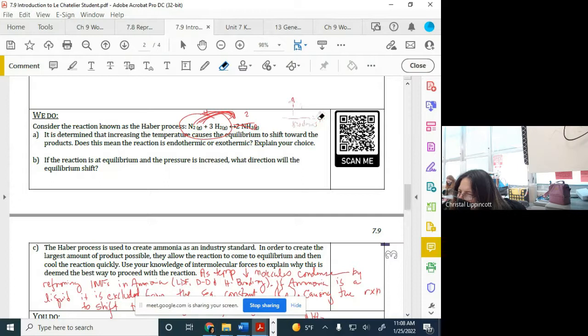I think I get it. So when temperature goes down rapidly. Yep. So they rapidly cooled the thing. When they rapidly cooled it, then this became a liquid. Well, liquids are not going to show up in your Kp value.